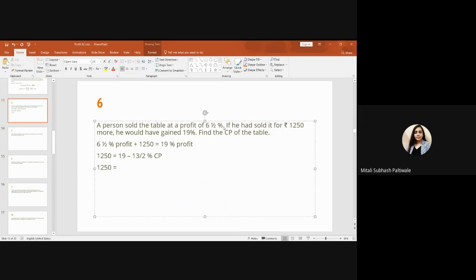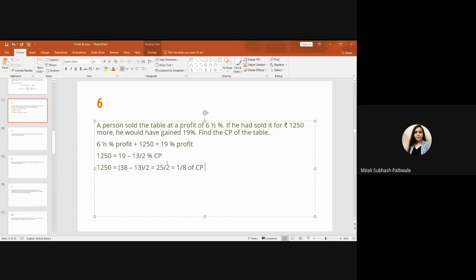1250 is equal to 38 minus 13 whole divided by 2 will give me answer as 25 by 2. 25 by 2, which is nothing but, okay, so this would become 1 by 8 of CP.